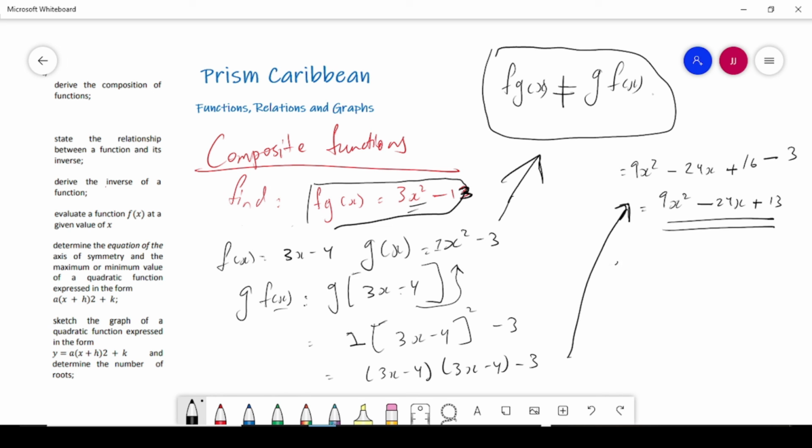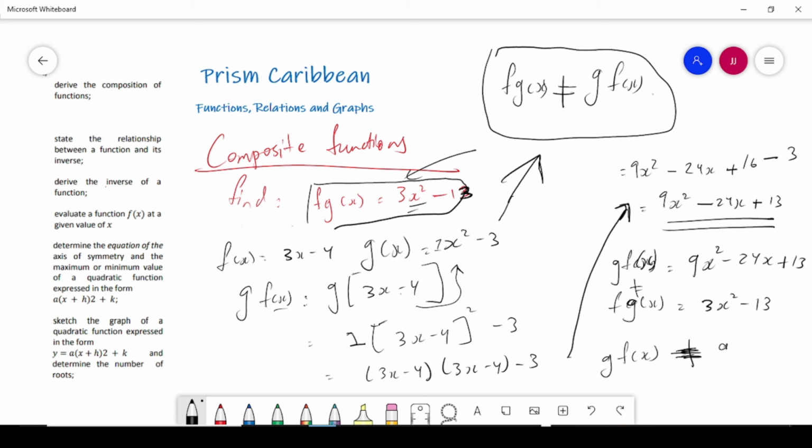So we know g of f of x is equal to 9x squared minus 24x plus 13, and we know based on previous calculations f of g of x is equal to 3x squared minus 13, and we know this is definitely not equal. So we just proved that g of f of x is not equal to f of g of x. That's it, right?